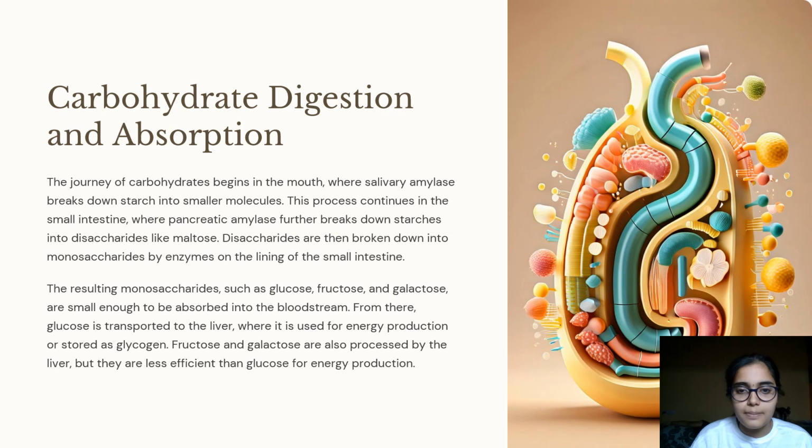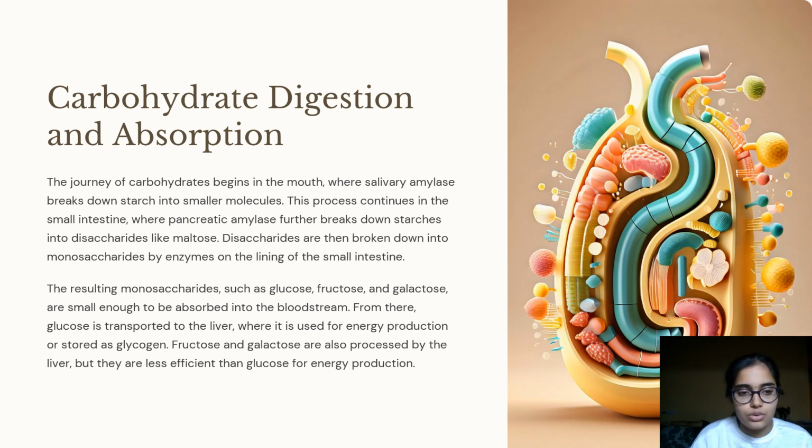Disaccharides then break down into monosaccharides by enzymes on the lining of the small intestine. The resulting monosaccharides such as glucose, fructose, and galactose are small enough to be absorbed into the bloodstream.